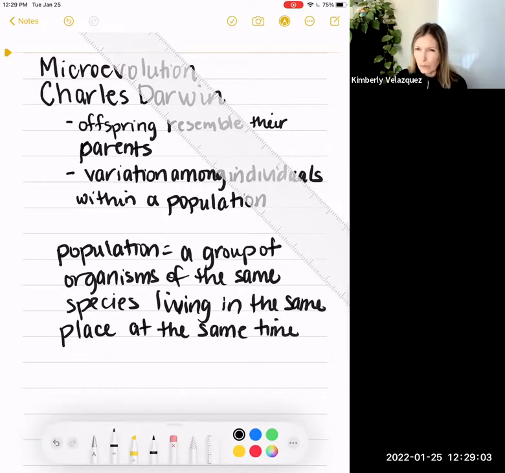So they're interbreeding with each other, they're competing for resources, they're being affected by the same environmental conditions. So this is an incredibly important unit of study in evolutionary biology.